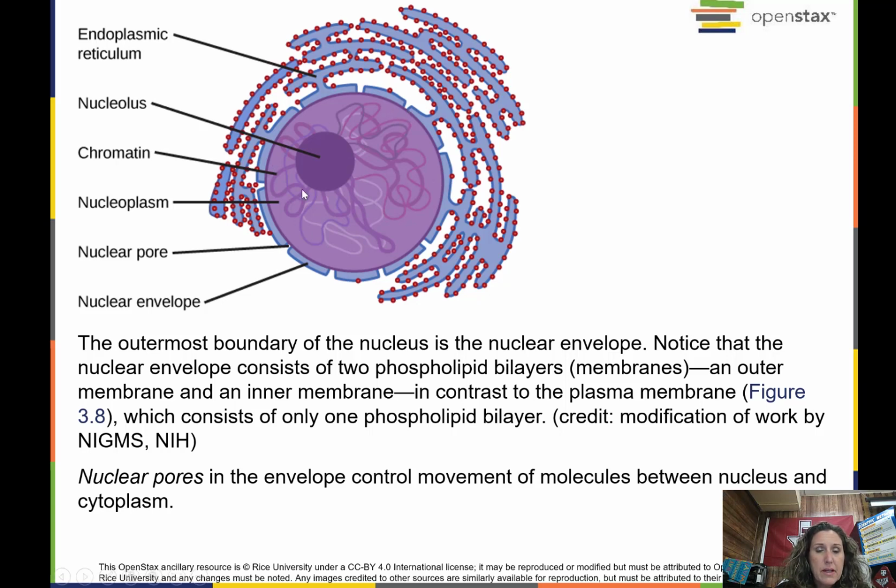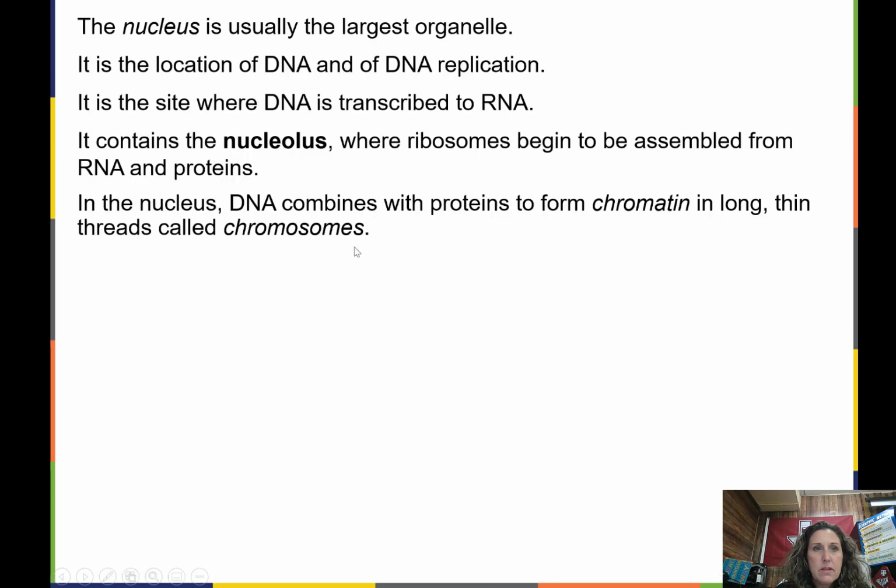All right, so nucleus, nucleolus, this is where there's a high concentration of genetic information or RNA. And then chromatin, you've got the thready DNA over here, nuclear pore, how things get in and out, and nuclear envelope, basically the boundary of the nucleus. The nucleus is usually the largest organelle.